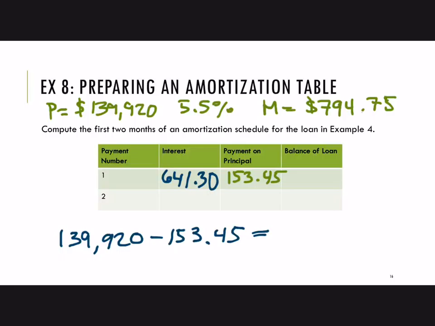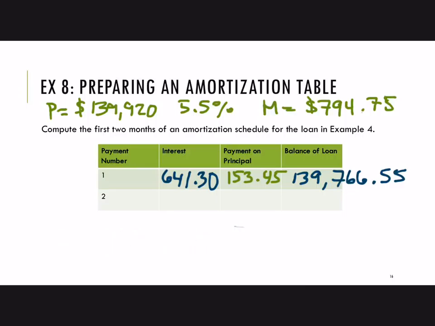That gives $139,766.55. Then for the second month, we're just going to repeat the same steps, but now we have this new balance of the loan as the principal. So we're using this number.